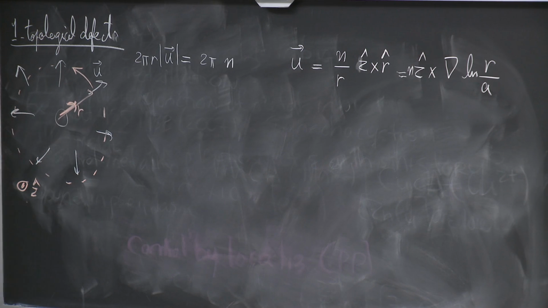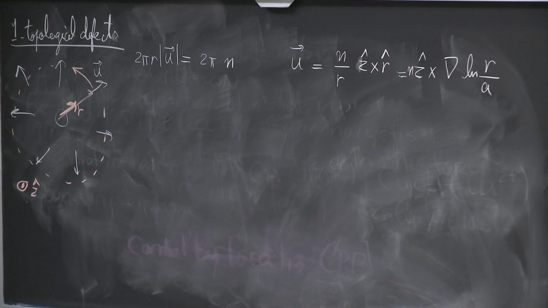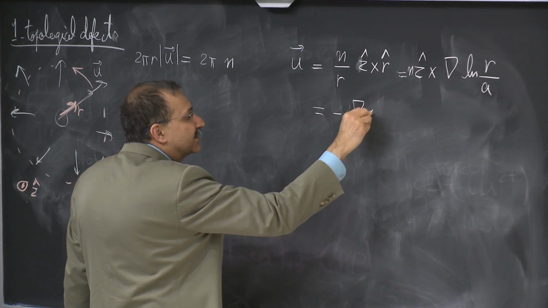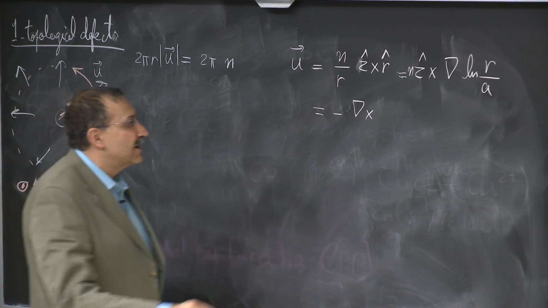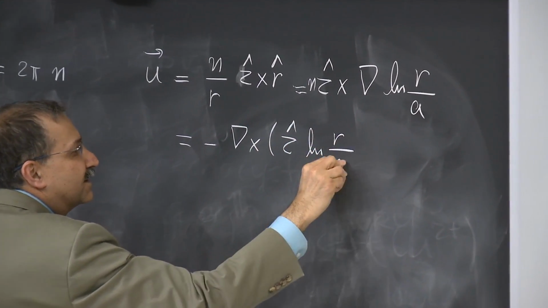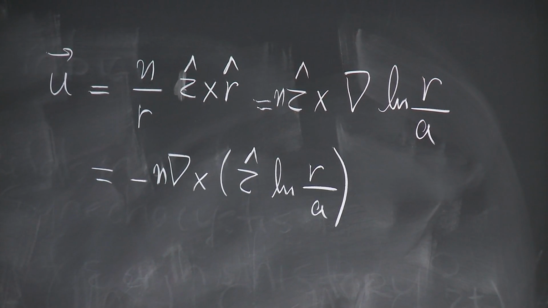And this is like the potential that I would have for a charge in 2 dimensions, except that I have rotated it by some amount. And this I can also write as minus the curl of z hat log r over a with a factor of n. Okay?